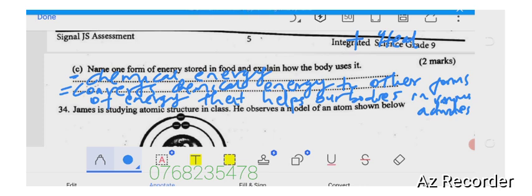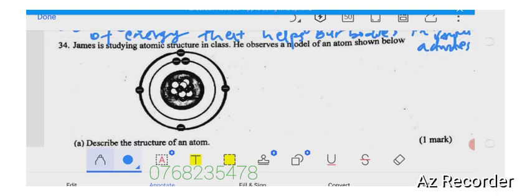Yes. So explain how the body uses the energy. The body converts the chemical energy to other forms of energy that help our bodies in various activities like talking, sleeping, eating. All that comes from chemical energy from food.